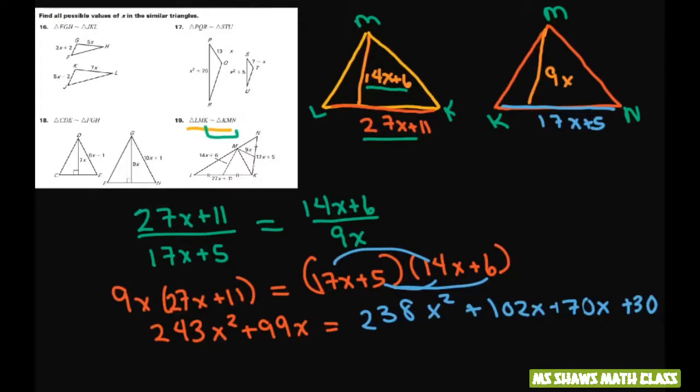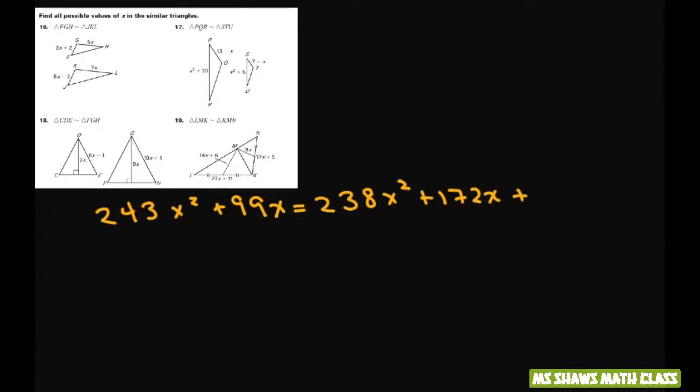So let's write that down on the next slide so we can simplify. So we have 243x squared plus 99x equals 238x squared plus 172x plus 30. Now I'm going to move the right hand side over to the left hand side. So basically I'm subtracting all of this. So 238x squared minus 172x minus 30.